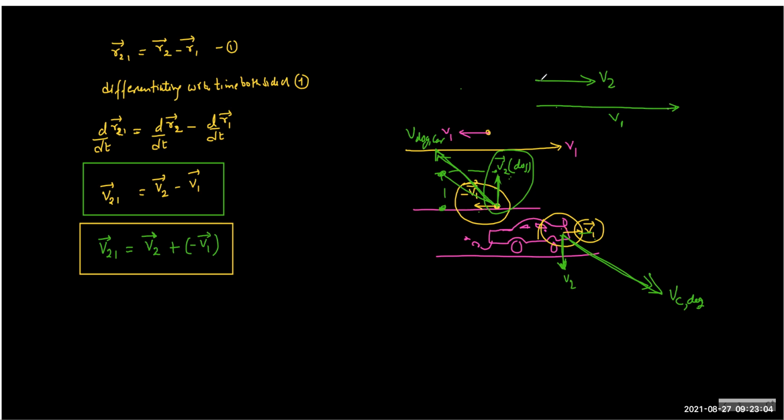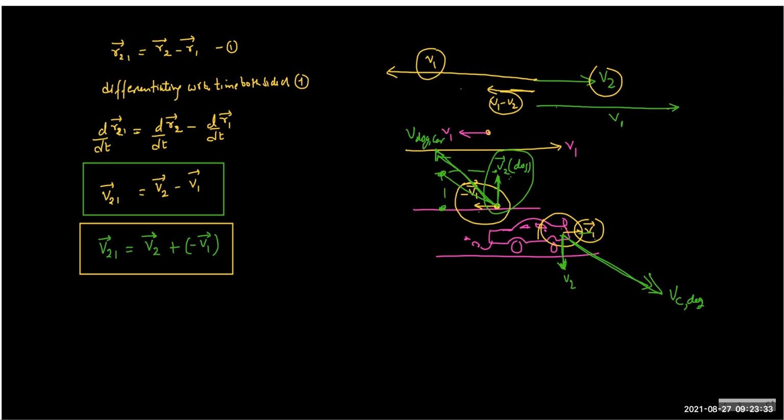So the dog will have two velocities, v2 forward and v1 backward. What is the net of this? The net will be v2 minus v1, as v1 is the bigger one. So because this is bigger than this, we are left with only this value in the backward direction. That's it. And if v2 is also in the v1 direction, then v1 plus v2.